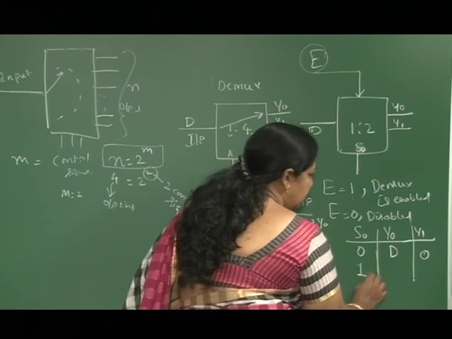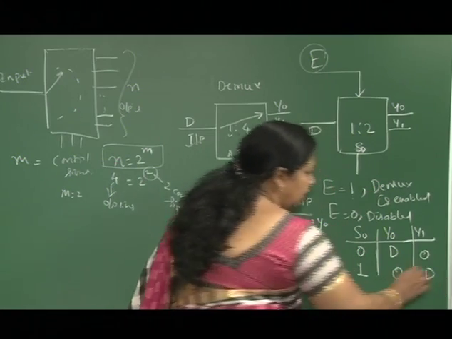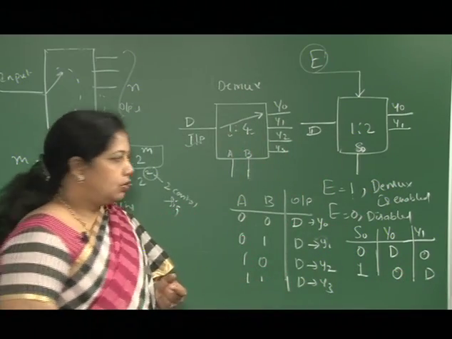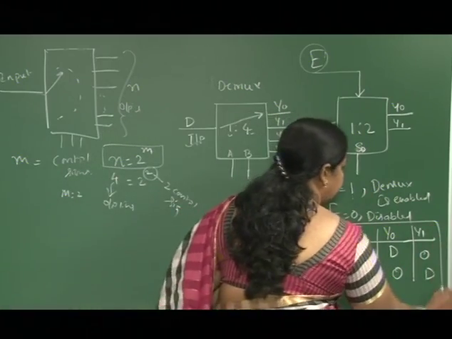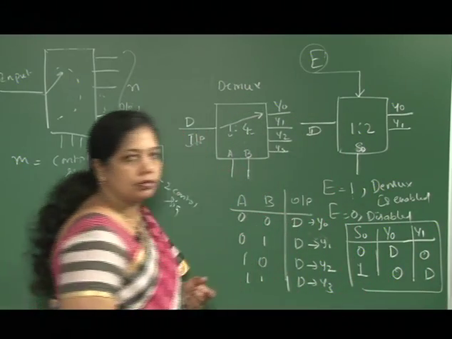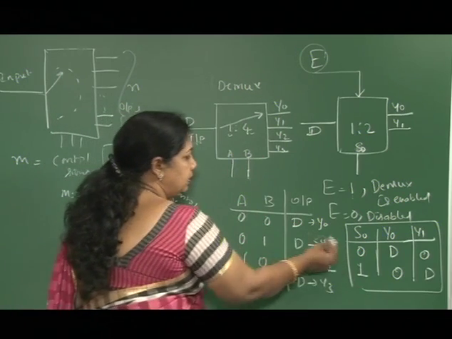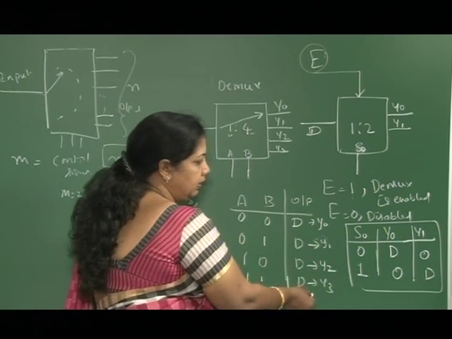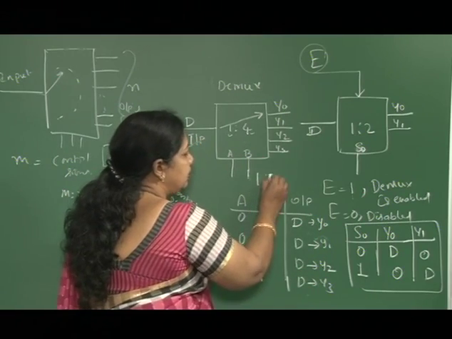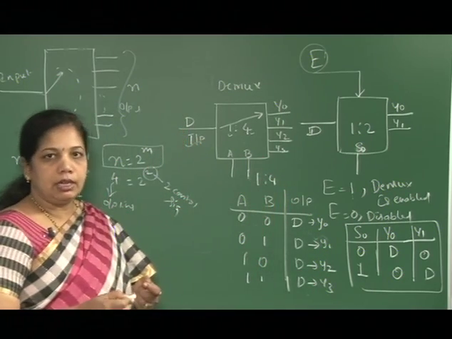When S0 is 1, Y0 is 0 and D appears at Y1. So this is the truth table of the 1:2 demultiplexer. Similarly I have written it in this way for the 1:4 demultiplexer.